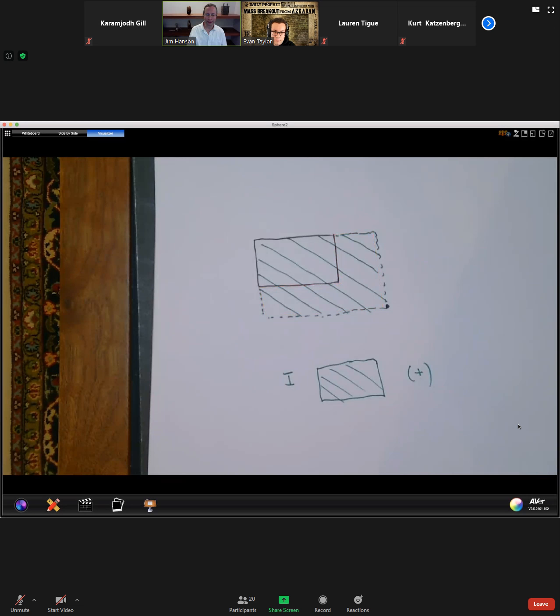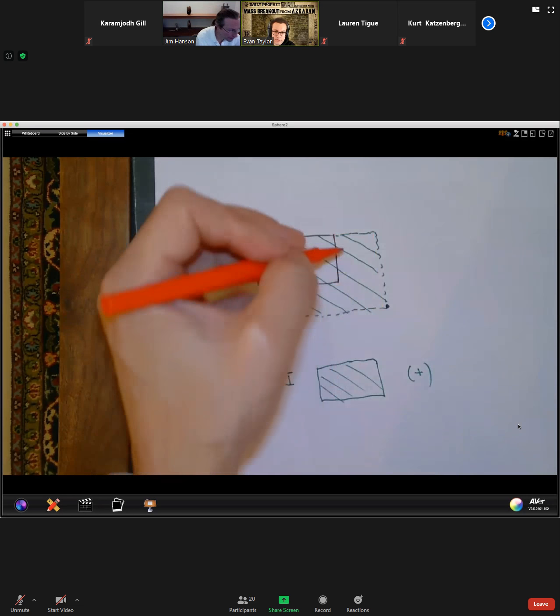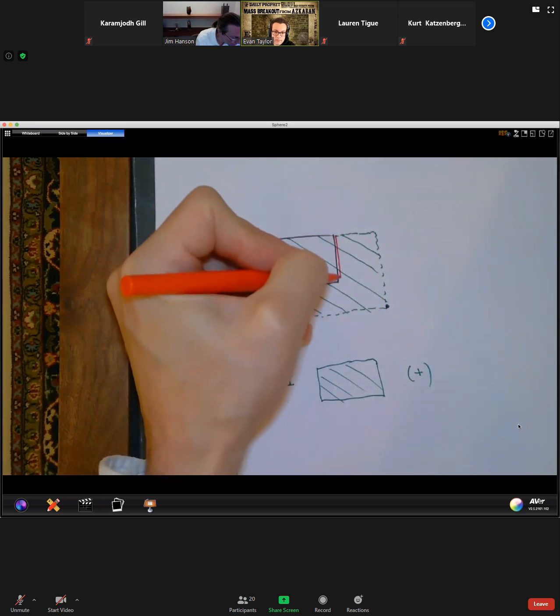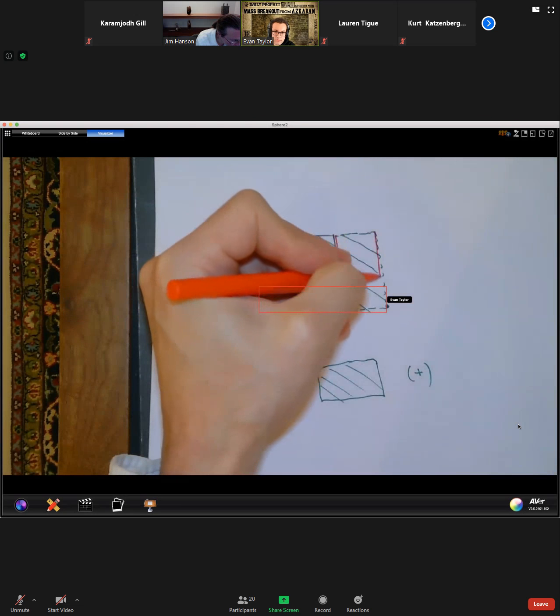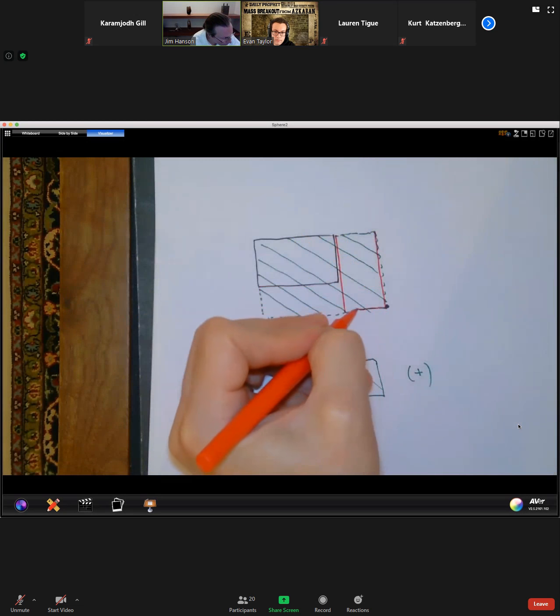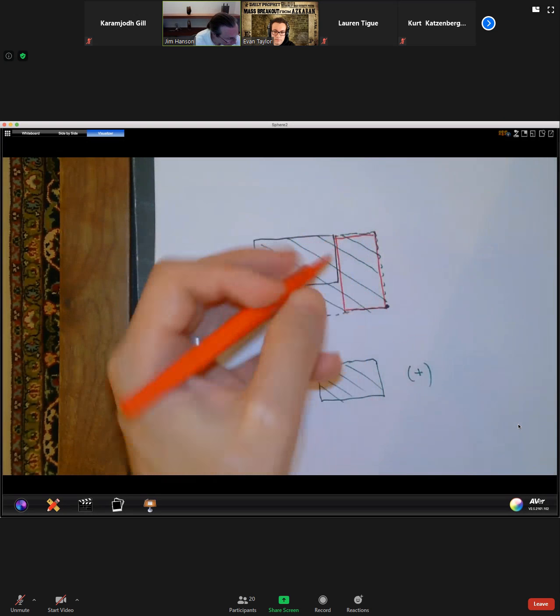That would be it. And how are we going to divvy that up into pieces that represent rectangles with the corner being our corner of interest? I think you need to subtract. Yeah. This. And subtract that out.